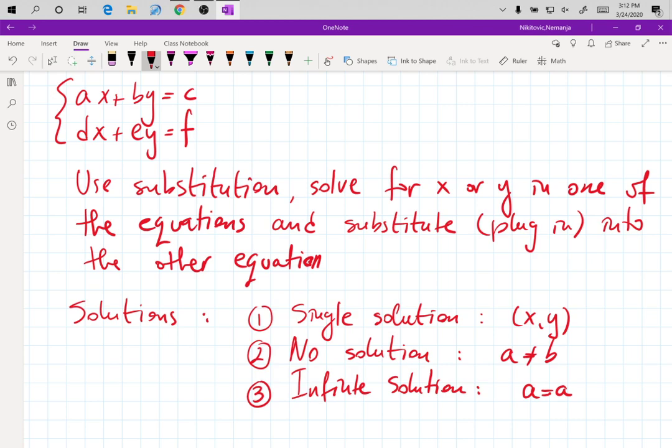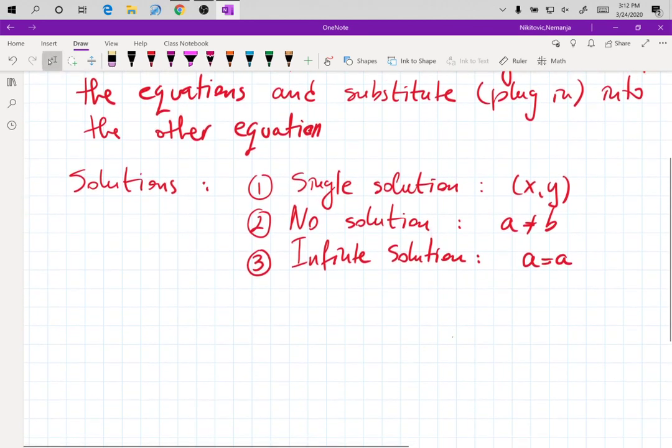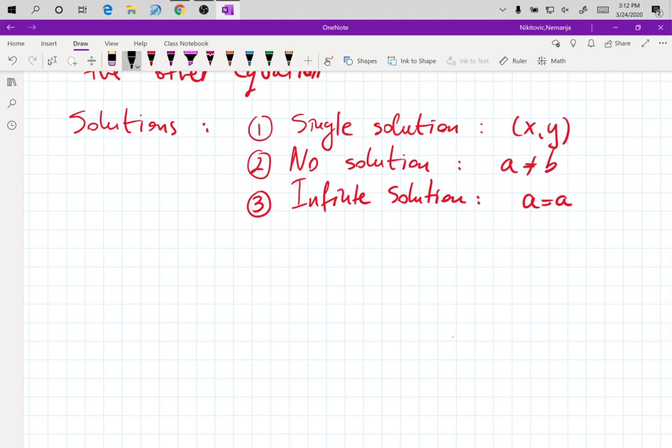So let's take a look at the first example. Say I have a system of equations where one equation is given as 2x plus y equals 10, and the second equation is y equals 3x. That's it. So this is our system.